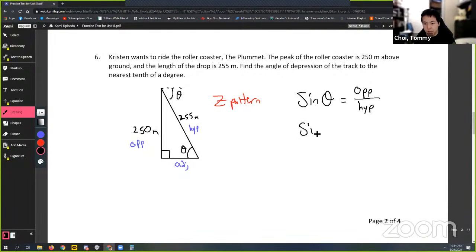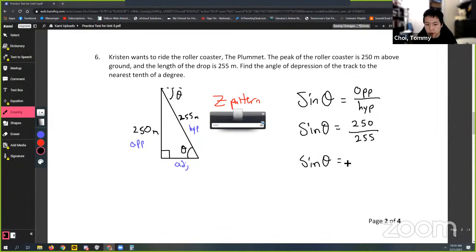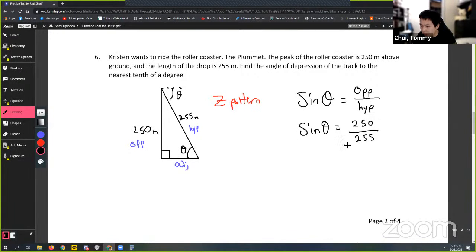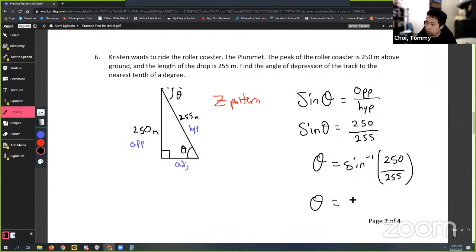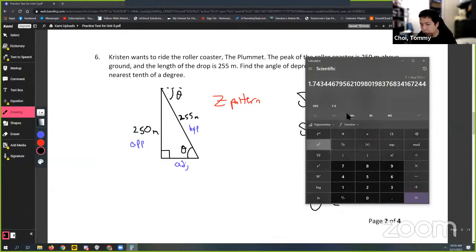When we plug that in, we have sine theta is equal to opposite, which is 250, over hypotenuse, which is 255. If you want to do that as a fraction, you can. But once you have it here, we want theta alone, and to get rid of sine, we do sine inverse and move it to the other side. And you should get a pretty big angle.